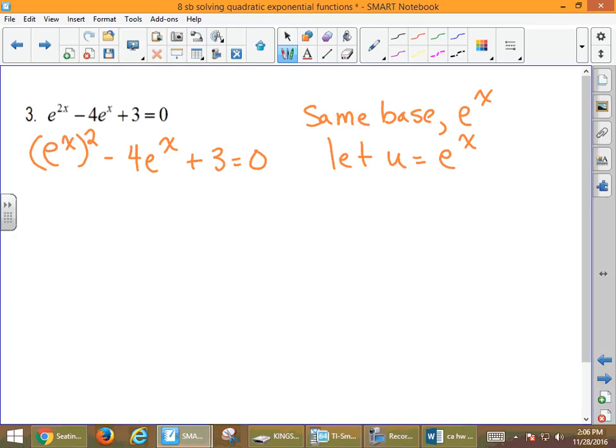You do not need to do that step, but for some people who are very visual, it will make more sense as we go into step 3, which is our substitution, which says that we're going to write this as u squared minus 4u plus 3 equals 0.